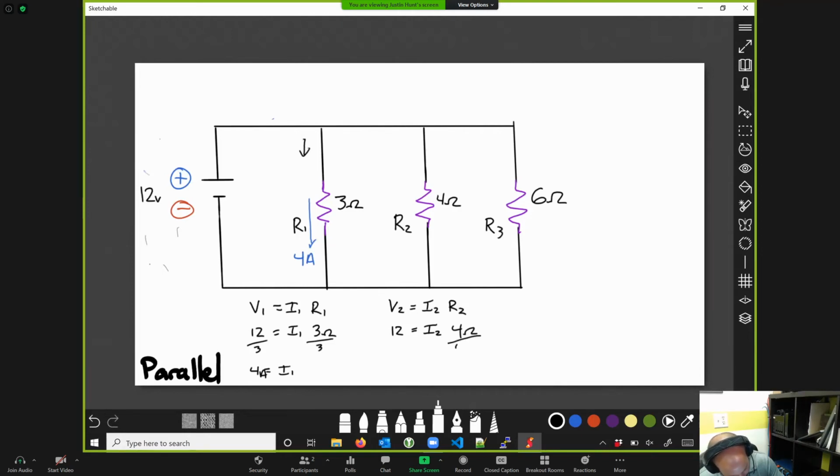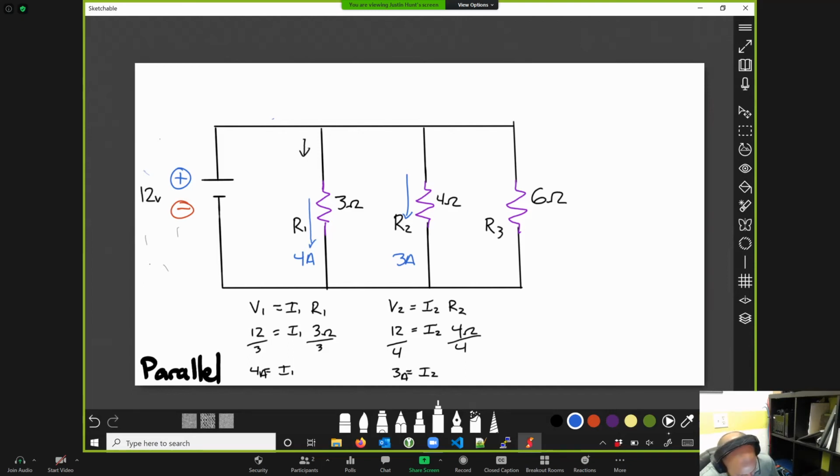Right, let's divide by 4 on both sides. 3 is equal to I2. So 3 amps are flowing down this channel. That's the volume of electricity that's going through this particular channel in the circuit.